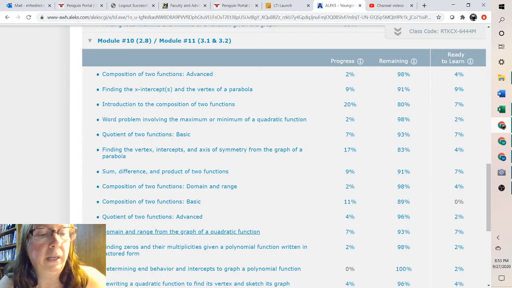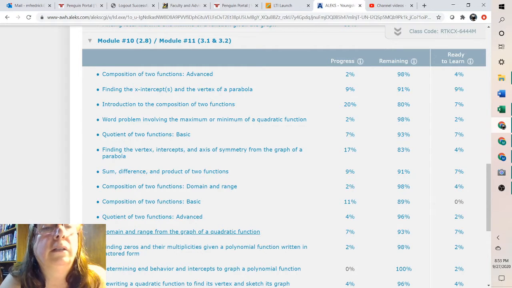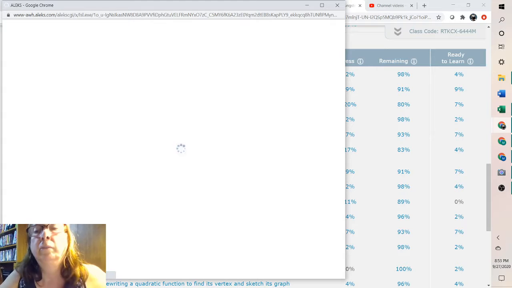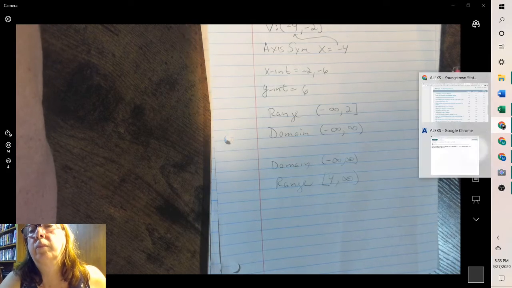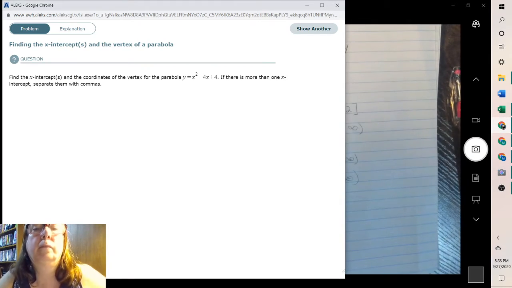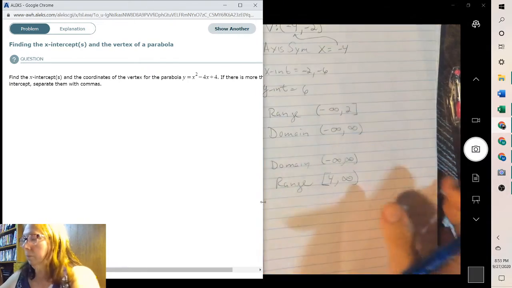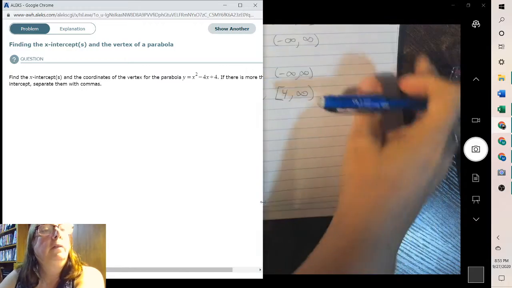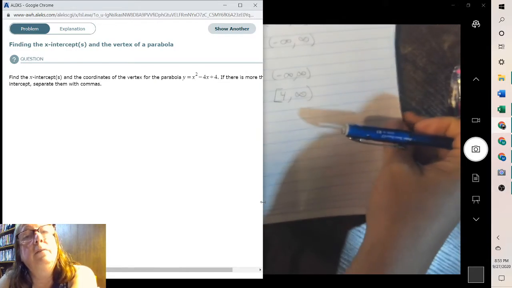Finding x-intercepts and vertex. Find the x-intercept and the vertex.